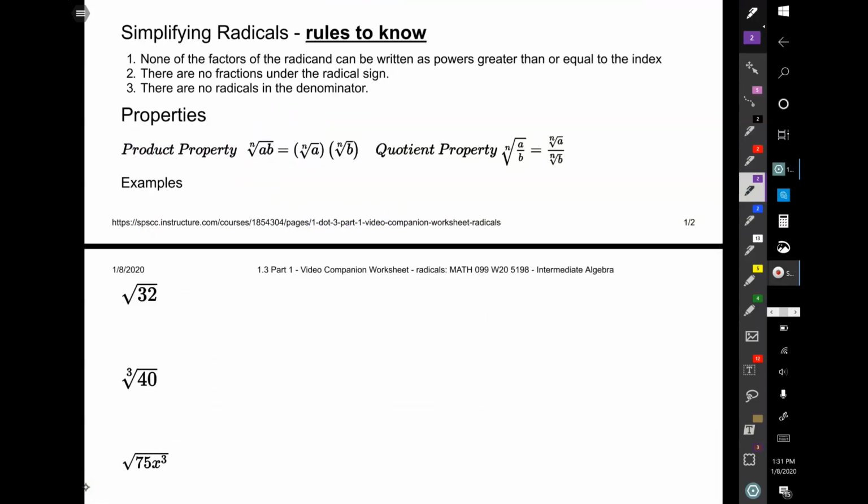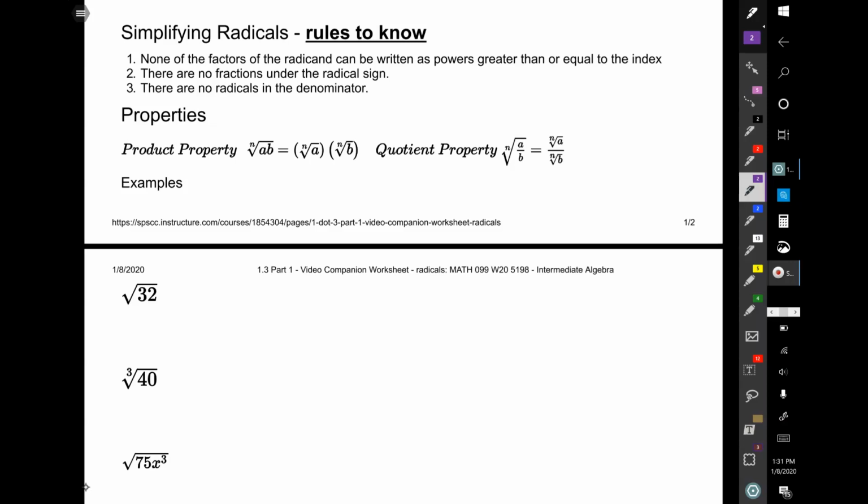Okay, now moving down the page to where it says simplifying radicals, rules to know. First rule: none of the factors of the radicand can be written as powers greater than or equal to the index. So you're basically dividing the index into the power of the exponent. And whatever's left over, if it doesn't divide all the way in evenly, then you're going to leave that underneath. Otherwise, there shouldn't be any multiples of that index left.